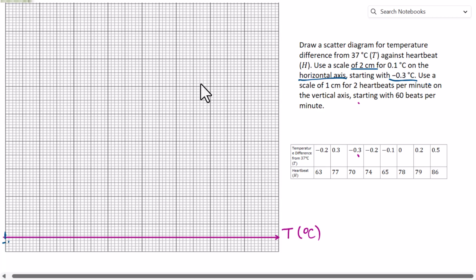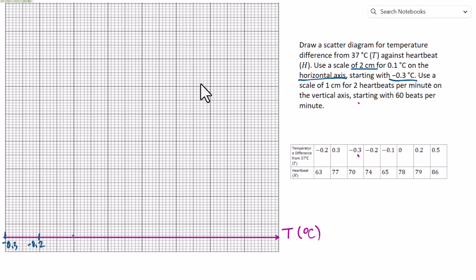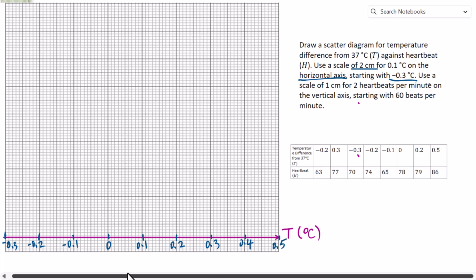This is negative 0.3, negative 0.2, negative 0.1, 0, and this is 0.5. Then we can draw this y-axis.